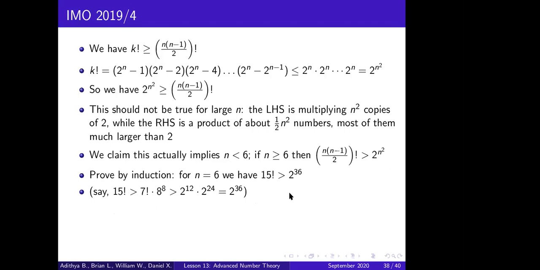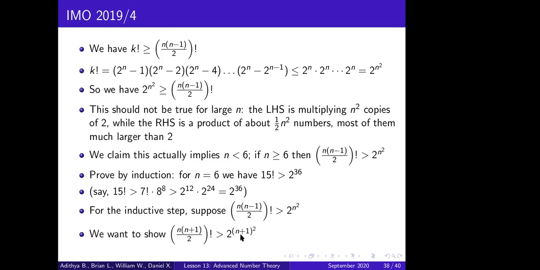And now for the inductive step, we assume the inductive hypothesis, which is that (n times (n minus 1) over 2) factorial is greater than 2 to the n squared, right? And then in the inductive step, we of course want to show that the same is true for n plus 1. Right, so how would we do this?